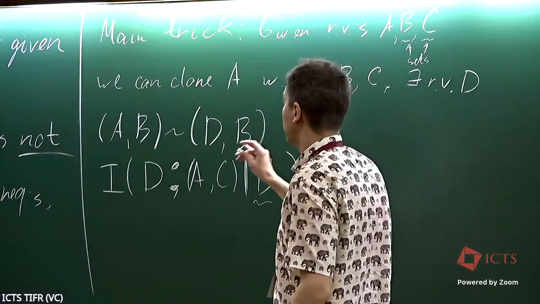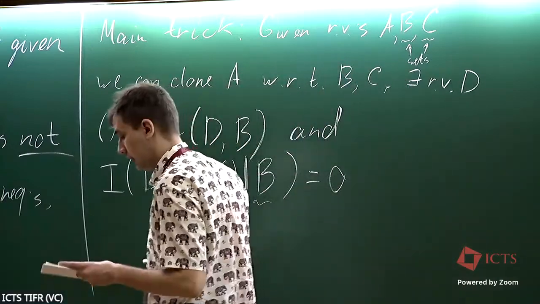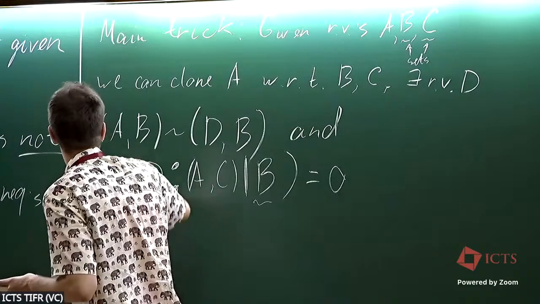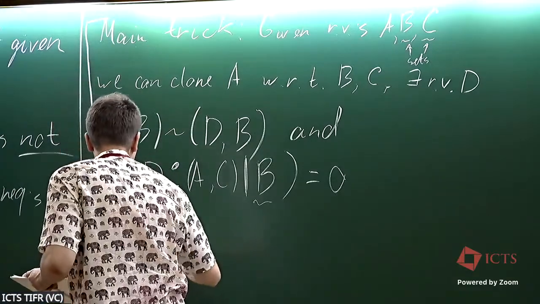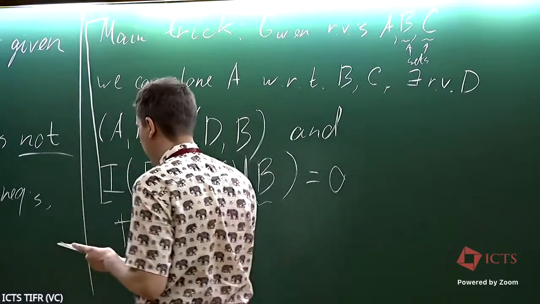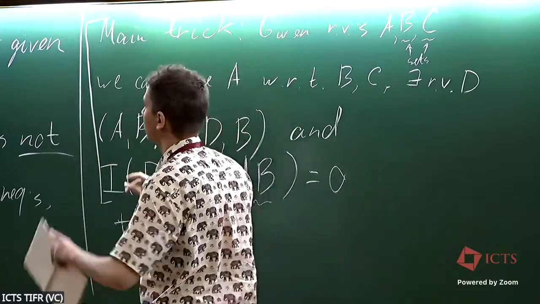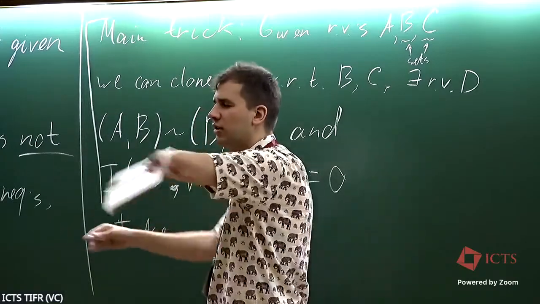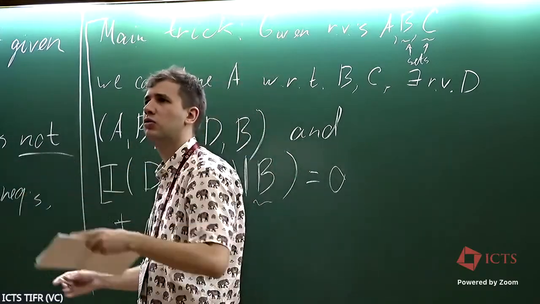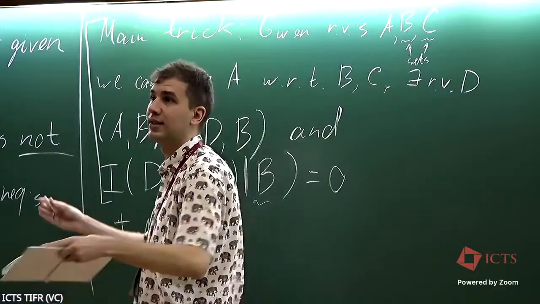So we clone, and then the trick is we take some Shannon type inequality for the clone. We have 4 variables, and then we start cloning them in each other, and we get more variables, say 6 variables.